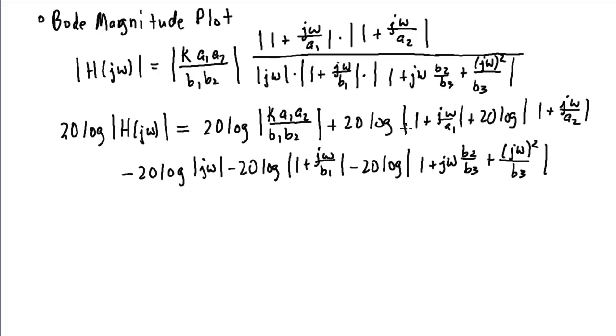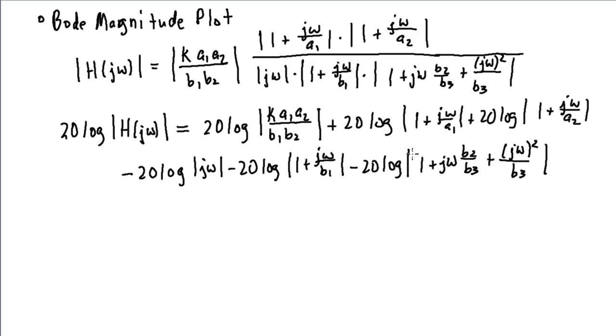If I can figure out how to graph those two components, or a component similar to that, or a component like 20 log of j omega, again if I had an s in the numerator I'd be adding a term like that, or these second order terms.